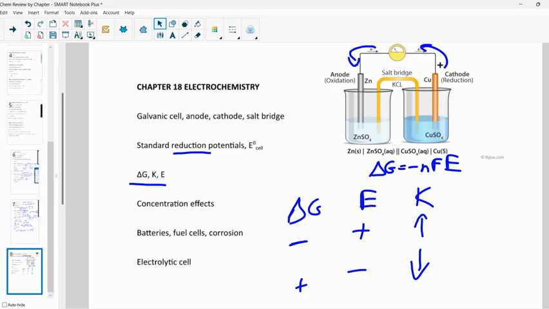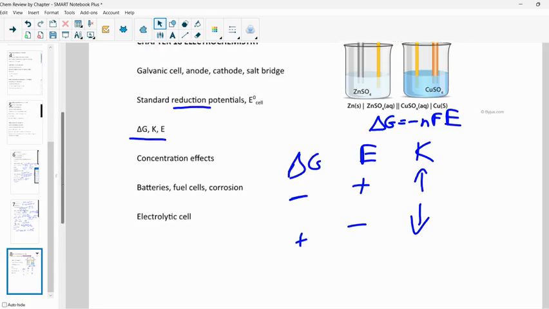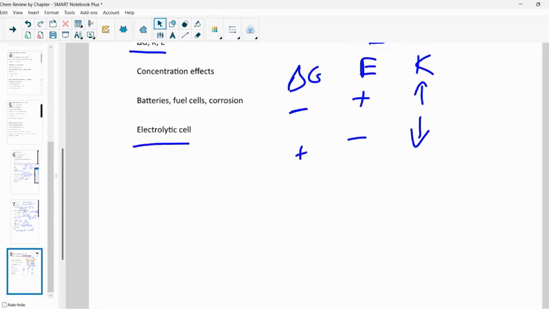Because as the process occurs, we're going to start ending up with not enough reactants on this side, too many products. So we've got to run it in reverse to recharge that battery back up. And that's where we can have an electrolytic cell. It means we've got to add electricity to get that reaction to occur instead of it spontaneously giving us energy.